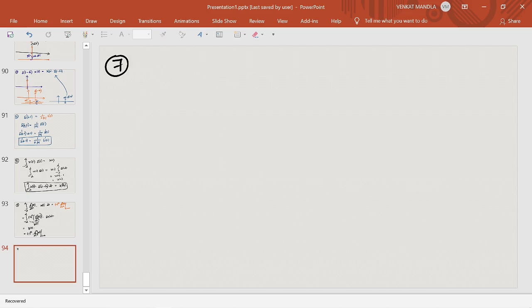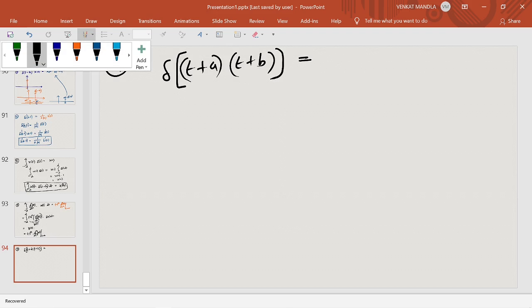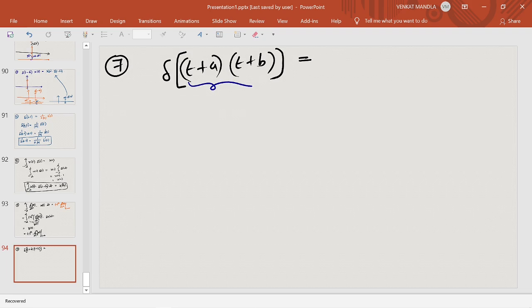The seventh property: δ((t+a)(t+b)). First, this is a delta function, so where does it exist? Only when its argument equals 0, otherwise the entire function is 0.